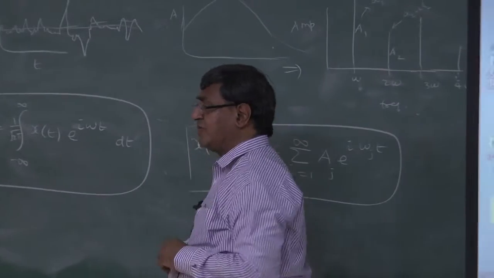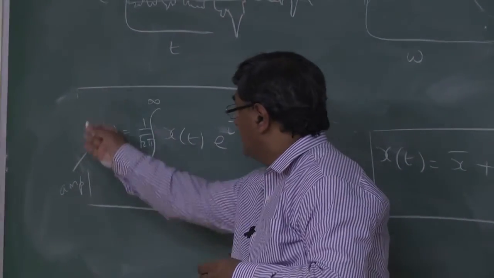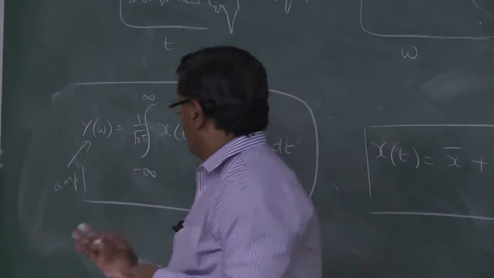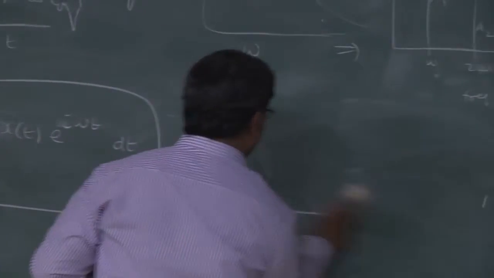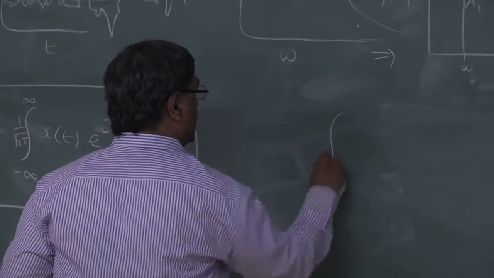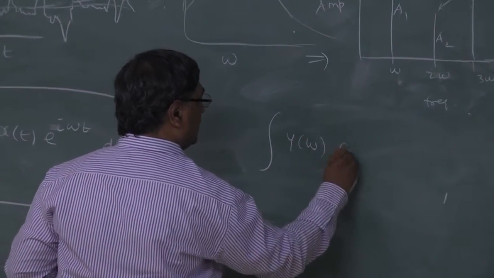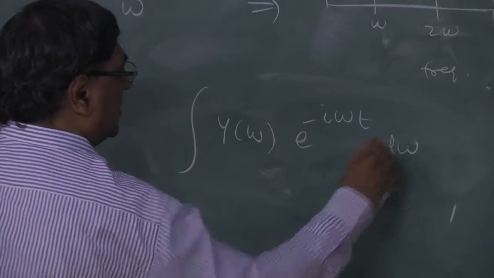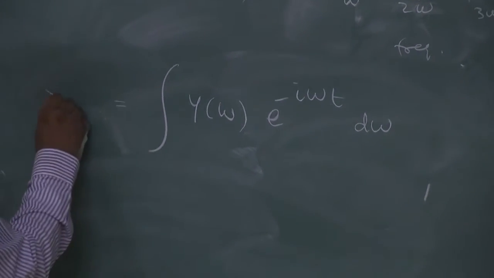So this is the forward transform where I go from the time domain to the frequency domain, representing in terms of frequency the amplitude corresponding to frequency omega. I can also look at the reverse of this. The reverse of this will be the integral of y of omega into e power i omega t d omega, which will be x of t.